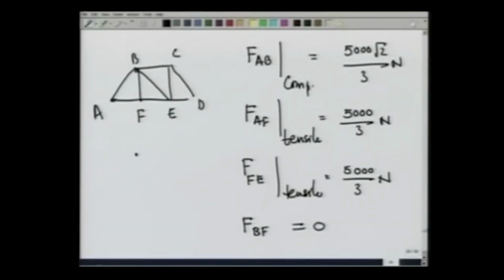Let us see, point B has a force pushing it this way, because FAB is compressive, it pushes by Newton's third law the pin out. There is no force in BF direction. There is a force FBE in this direction, and there is a force, let us assume now to balance forces, FBC in this direction.